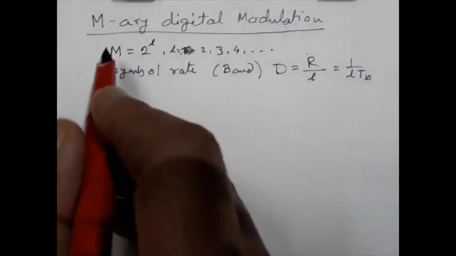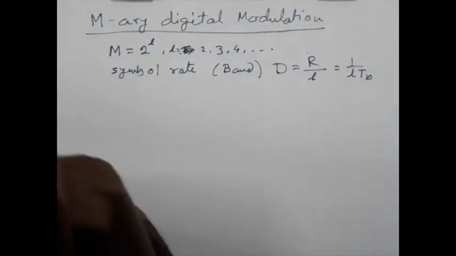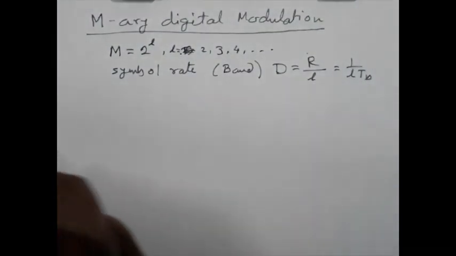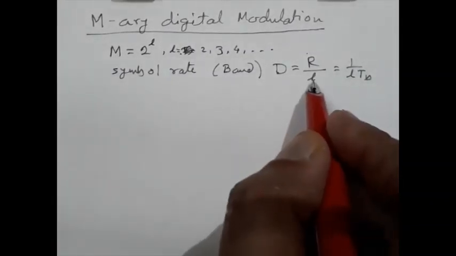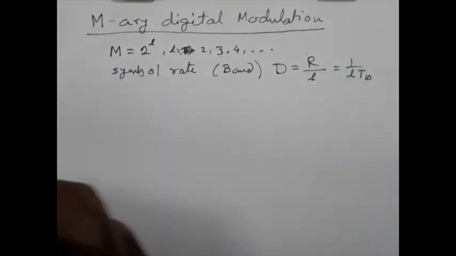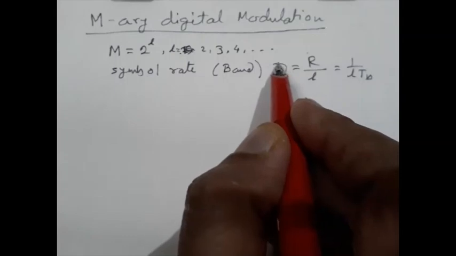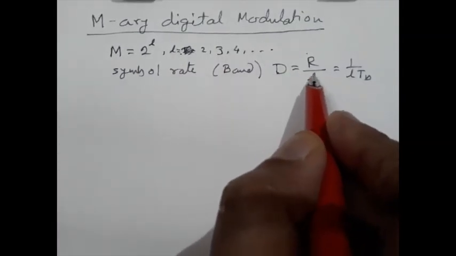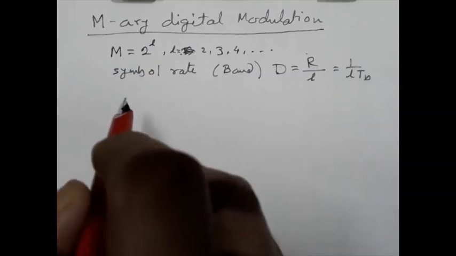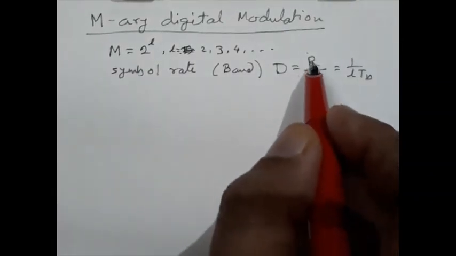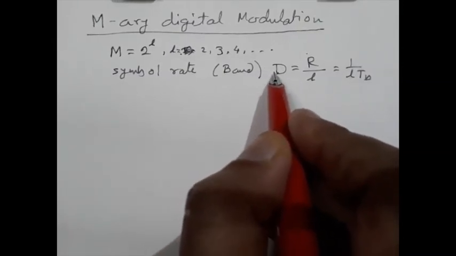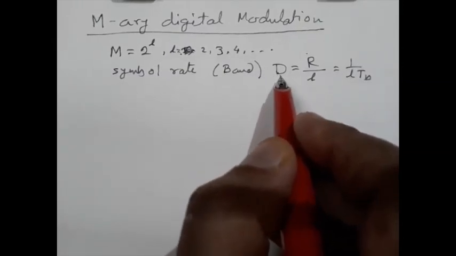So in an M-ary digital modulation system, each symbol at the output of the modulator carries L number of bits. So if we transmit, say, 10 symbols and L equal to 2, then effectively we will transmit 2 times the baud rate number of bits.